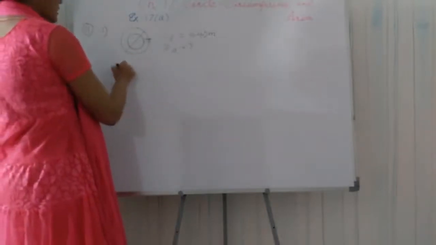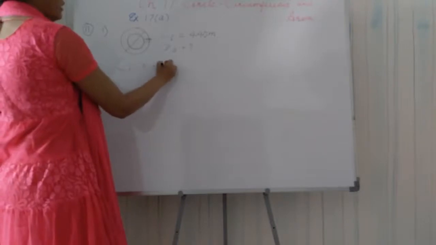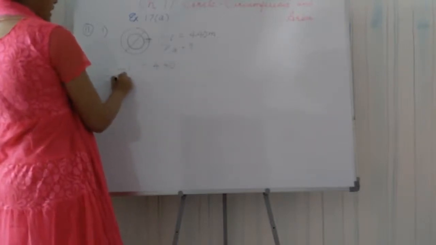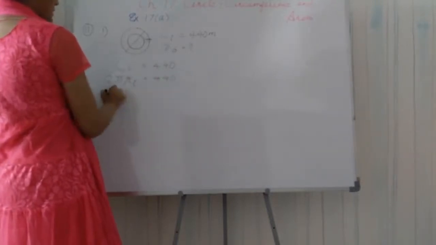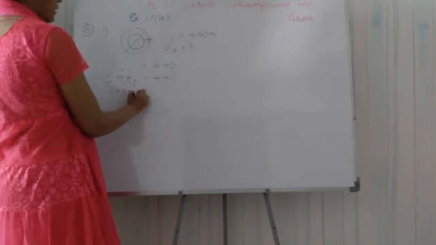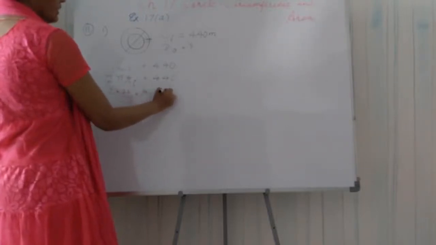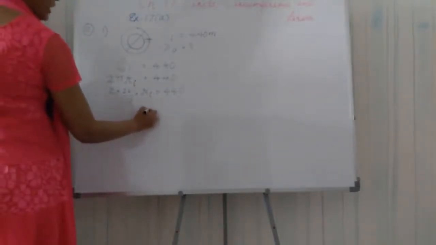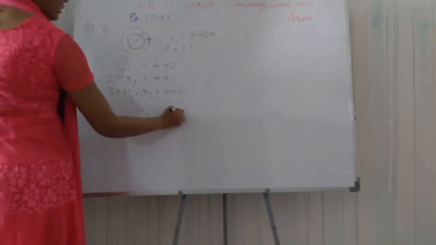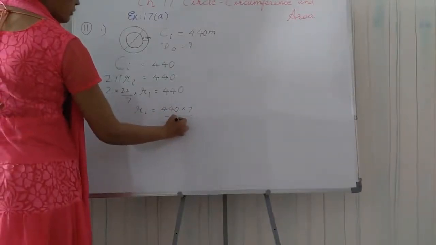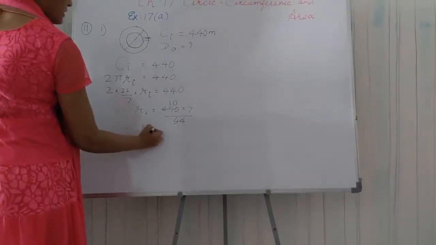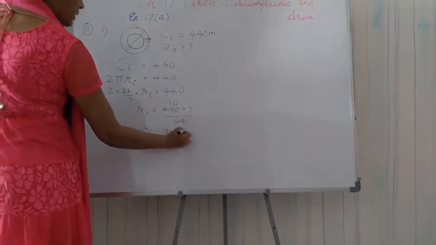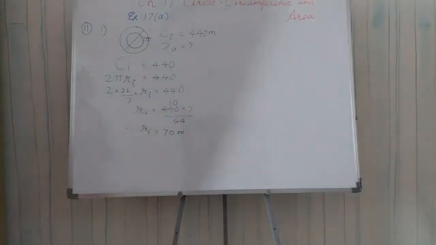So, using our inner circumference 440, 2 pi Ri is equal to 440. 2 into 22 by 7, the pi value, and Ri is equal to 440. Now I want to find the Ri value. So, 440, 7 upside and 22 twos are 44 downside. So, 44 times Ri, therefore the inner radius is found as 70 meters, because Ci is given in meters.